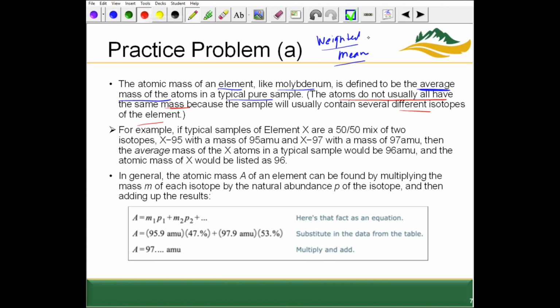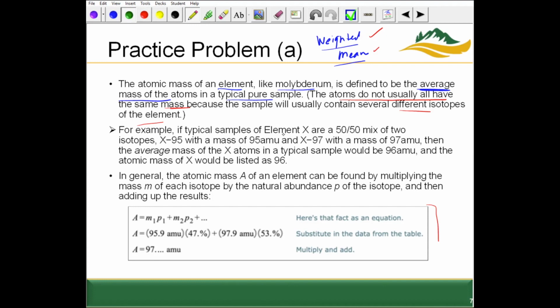You may have used a weighted average to calculate your grade at the end of the semester, or your GPA, or different things like that. So we're going to cover how to use this idea of a weighted mean in chemistry, for elements and their average atomic mass. Let's talk through this first example here.